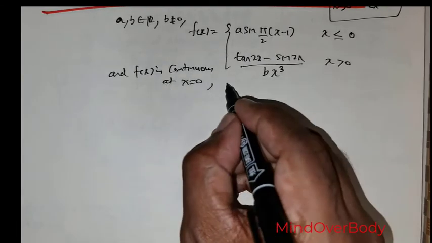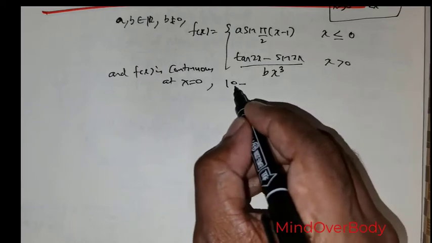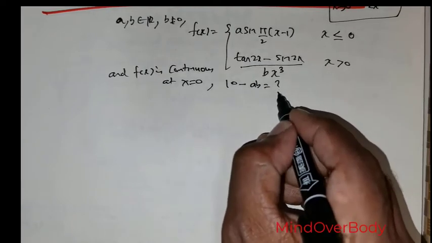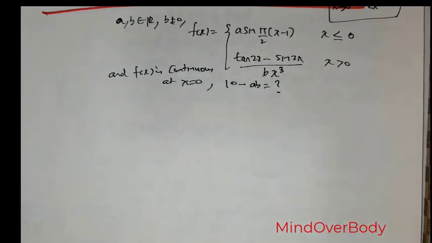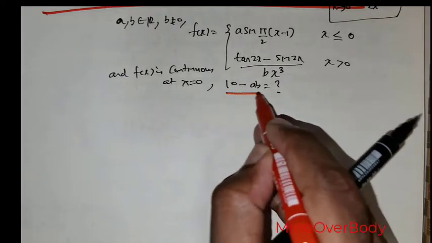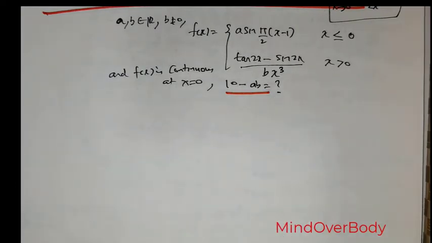If this is the situation, we are expected to find 10 minus a times b is equal to what? So this is required, and it is given that f of x is continuous.